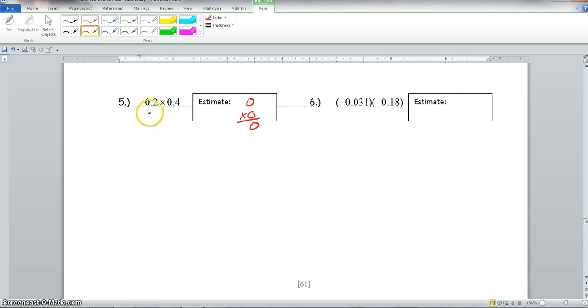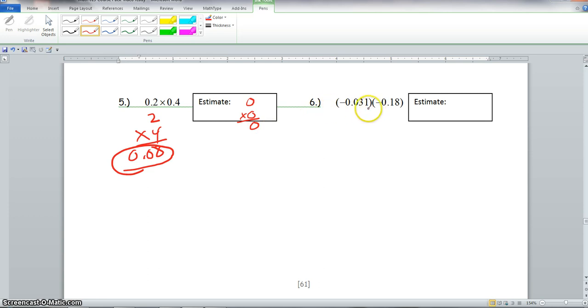So now we drop these decimals. We have 2 times 4. 2 times 4 is 8. And we have 2 digits total behind the decimal here. So we know this would give us 0.08. And we know if we approximated this to the nearest whole number, it would be 0.